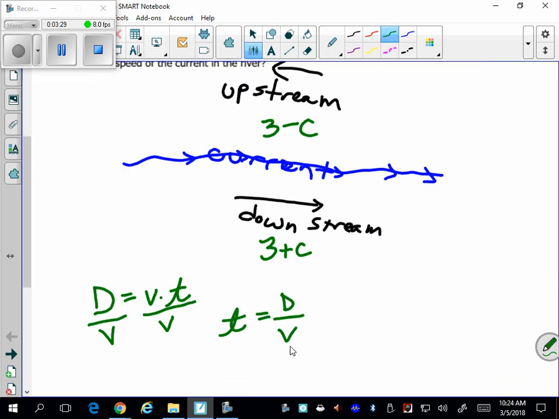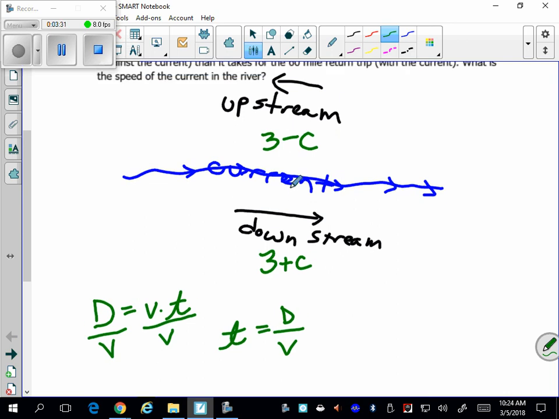On the top picture, time is going to equal the distance, 60, both ways it's 60 miles, divided by our speed, or velocity.